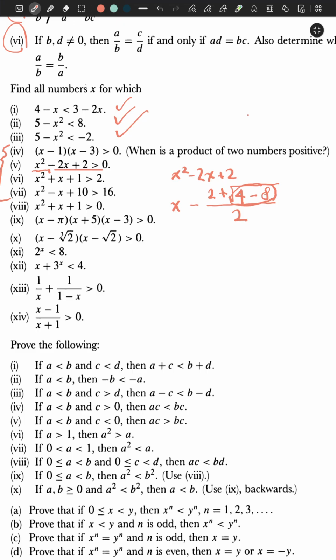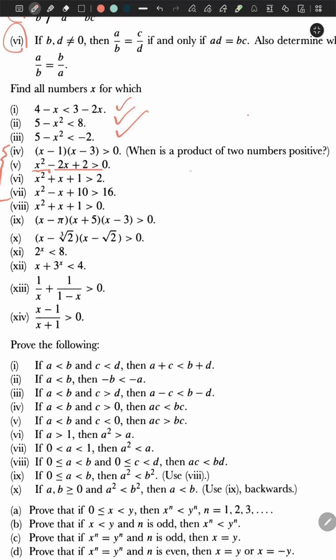So I think what we need to do is actually prove that this is in fact always greater than 0, right? How do we do that? Let's see.